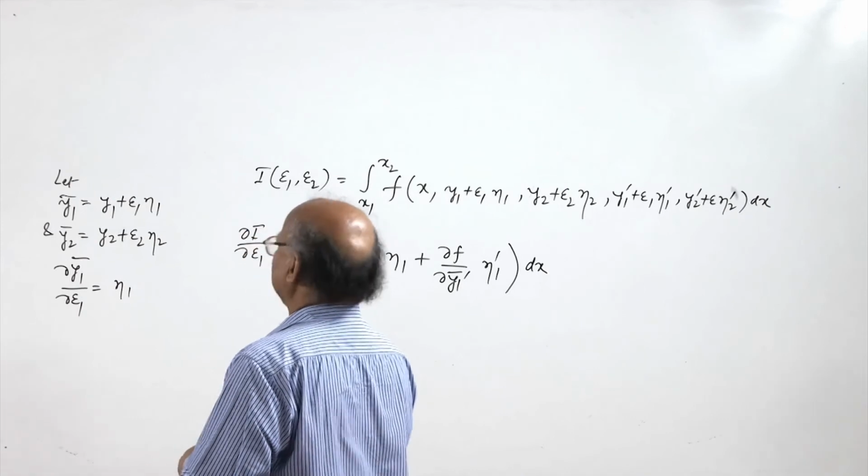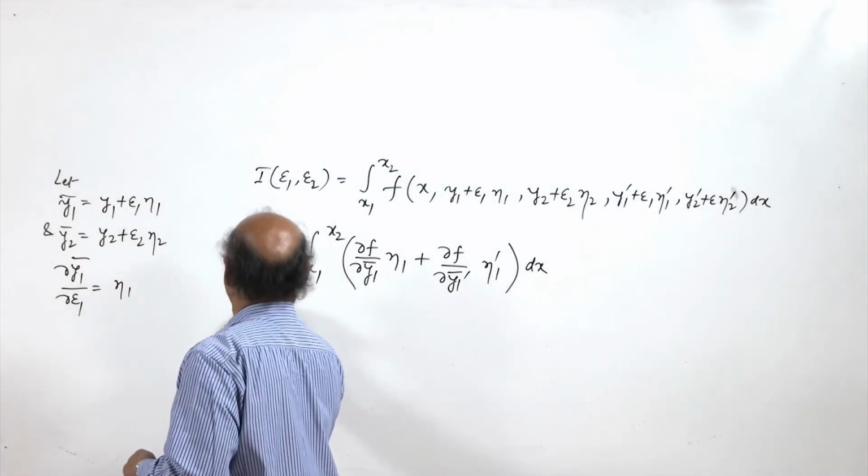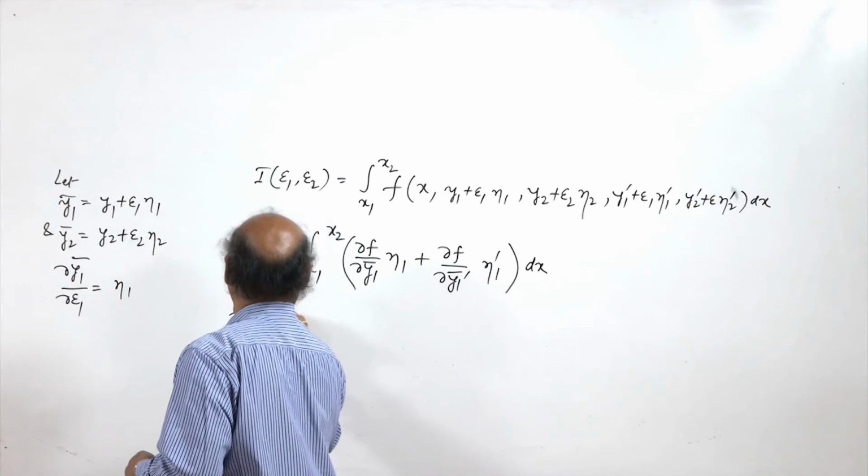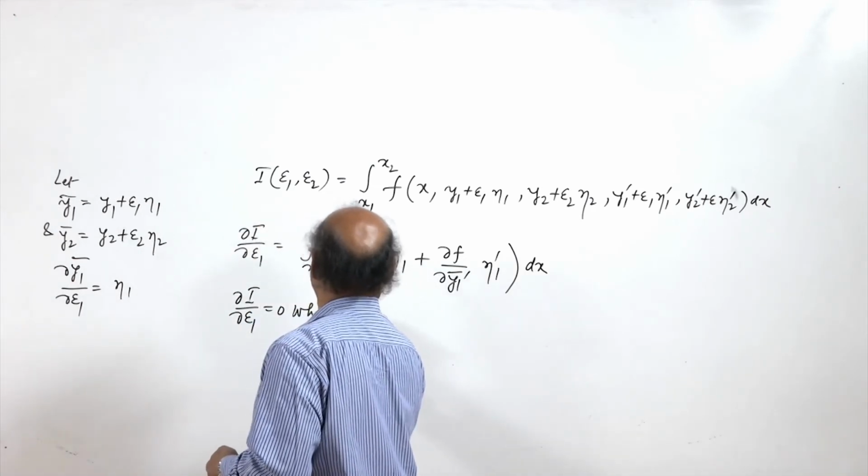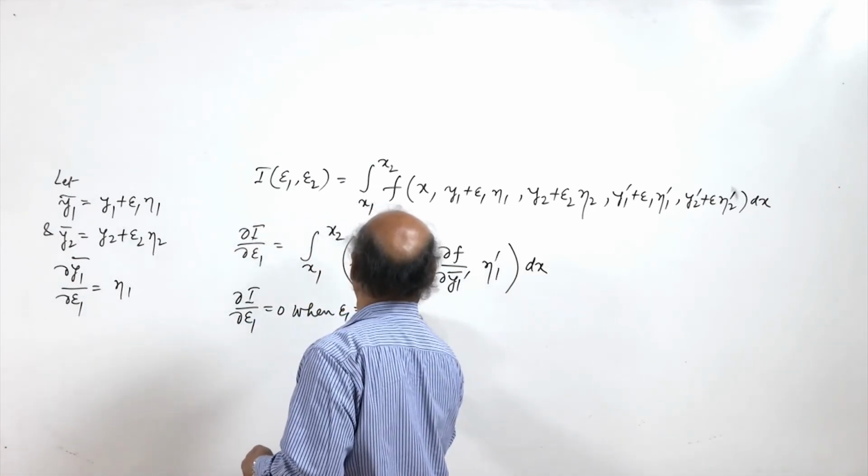Now we have delta I over delta epsilon 1 equal to 0 when epsilon 1 is equal to epsilon 2 equal to 0.